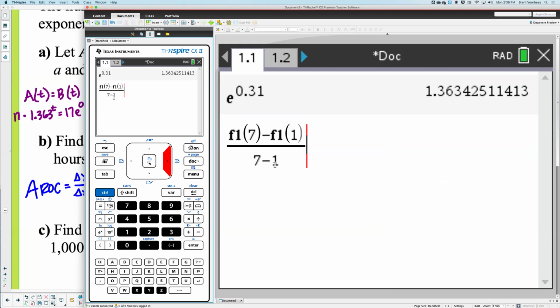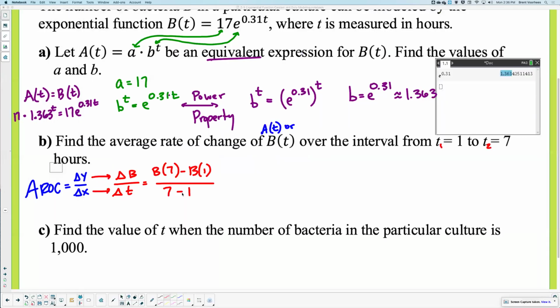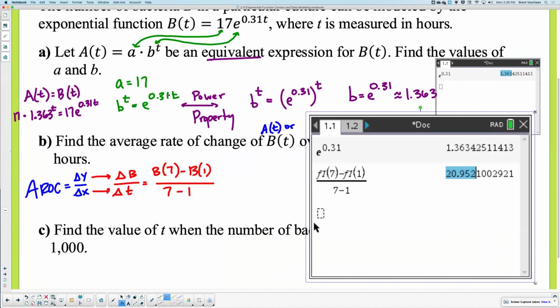That should give me my average rate of change of bacteria per, I think this is hour. I need to check what the units are. That'll give me the average rate of change of bacteria per hour. Press enter. What are you getting? So approximately 21 bacteria per hour we're increasing by. Yeah, it is hours. It says hours right there.